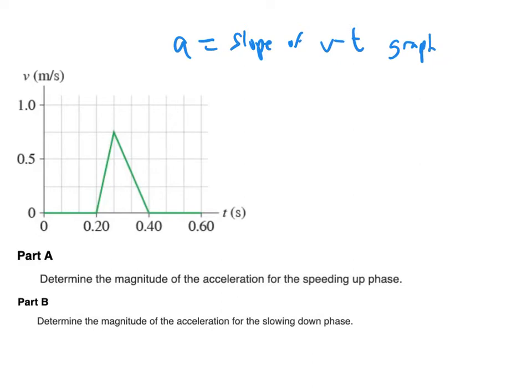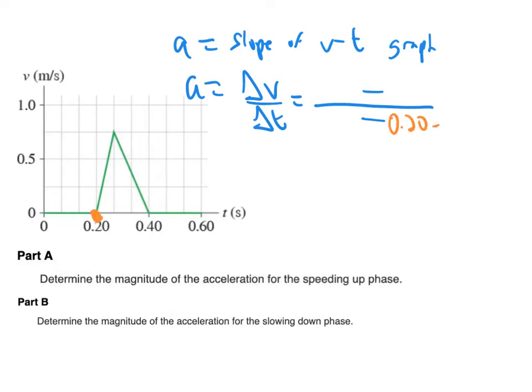So for part A, we would have something like a is delta v over delta t. Delta is the difference between 2 moments. What 2 moments? Well, I'll start over here, which is at 0.20 seconds and 0 meters per second. And then we'll take our end over here, which is a value of clearly 0.75 meters per second.